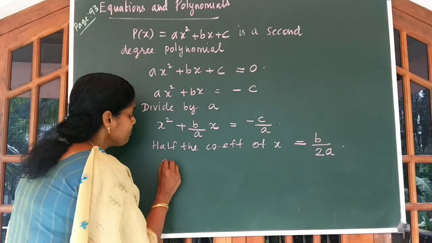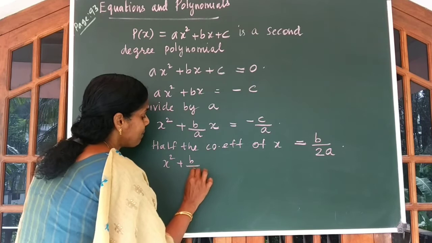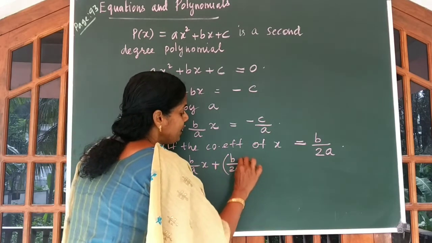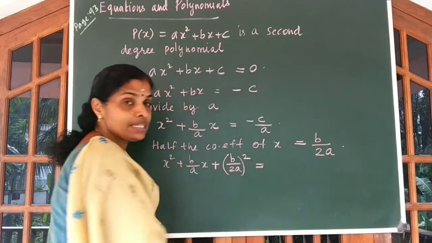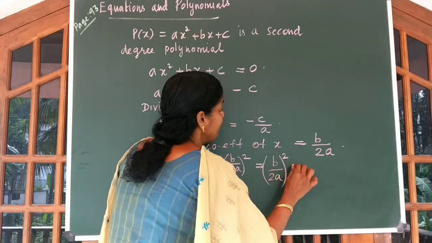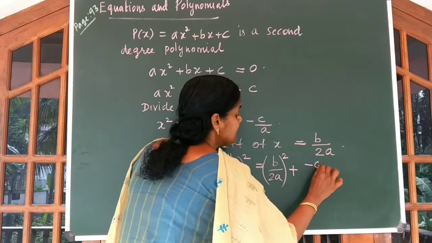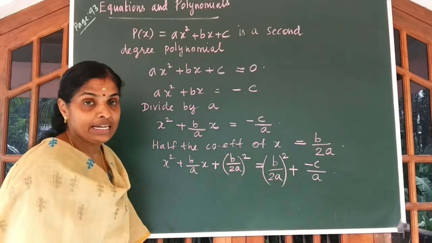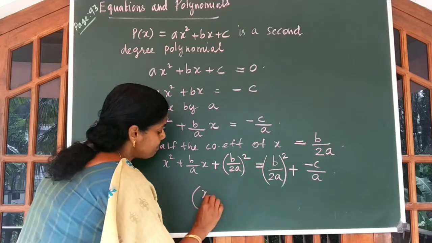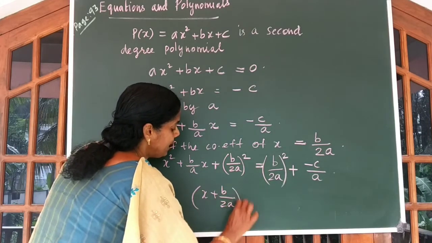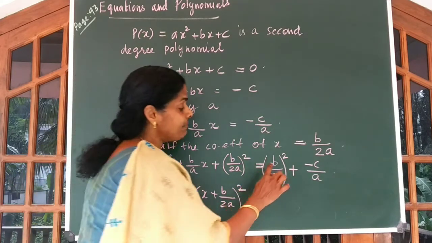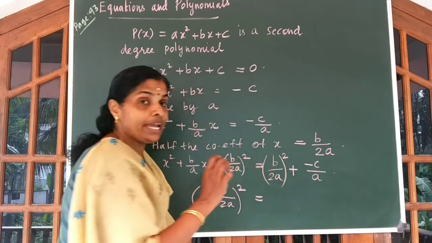Then you will get x square plus b by a into x plus b by 2a the whole square is equal to b by 2a the whole square plus minus c by a. Do you understand? Now this is the expansion of x plus b by 2a the whole square. Now this is equal to, let us write the value of b by 2a the whole square.